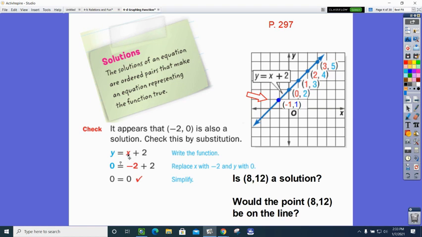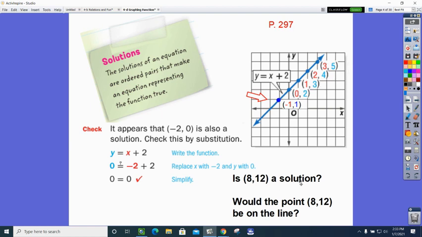So my question is, does 8 plus 2 equal 12? And the answer is, no. 8 plus 2 is 10. So the point 8, 12 would not be on the line. It'd be off to the side.